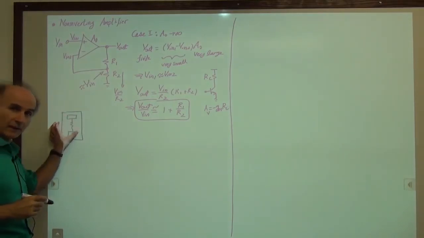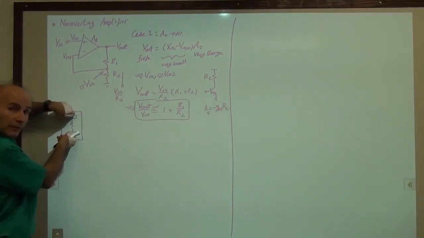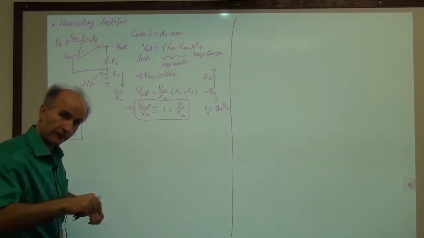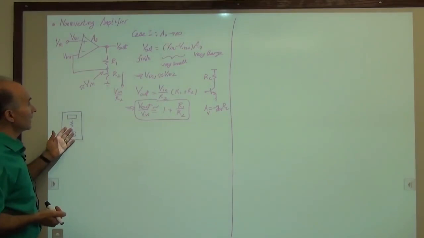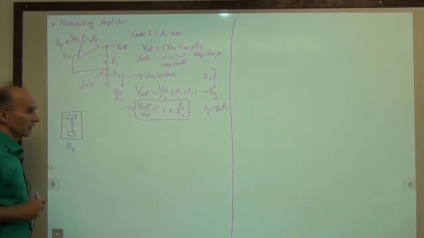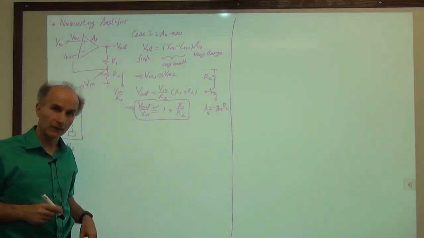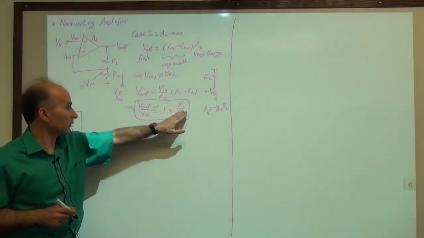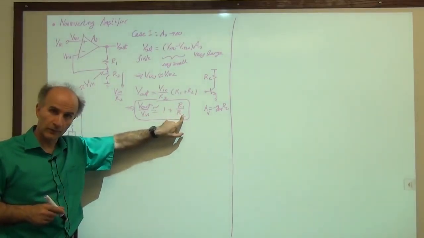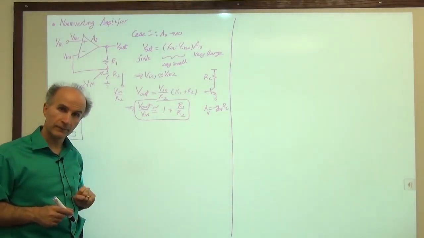Okay, this material itself is resistive, so by putting two wires here, we have some resistance between here and here. Very simple. We're just looking from top of the wafer. So let's say this is R2. And I would like to have a gain of, for example, 3. So the gain has to be 3, which means R1 over R2 has to be 2. So I would like R1 to be twice R2.